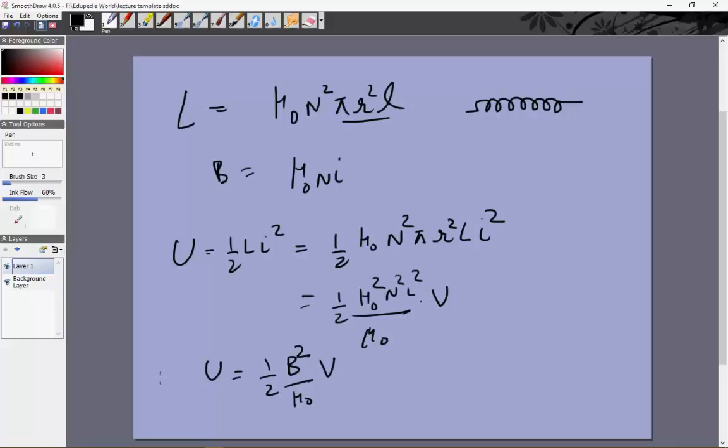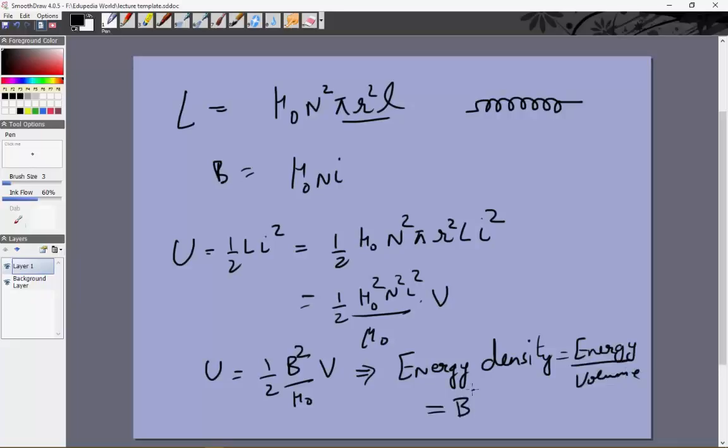V is the volume, U is the energy stored. From that we get the energy density, which is the energy per volume, is equal to B square by 2 mu naught. And this is an interesting result because it has an analog in electric field.